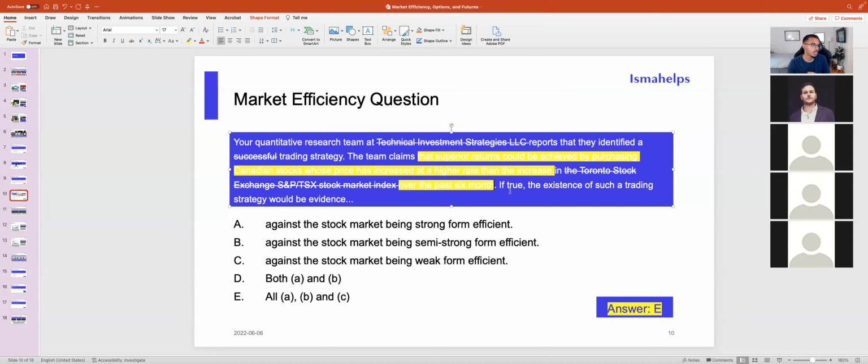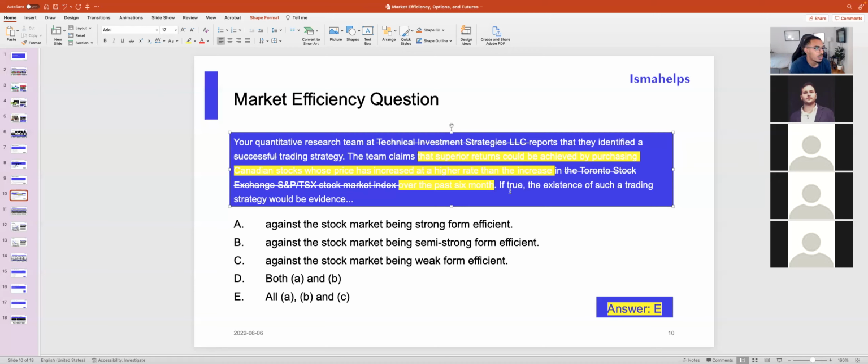What matters is the part where they say the team claims that superior returns could be achieved by purchasing Canadian stocks that have increased at a higher rate over the past 6 months. That tells me everything I need to answer the question. The name of the company, the name of the department within that company, the index they're comparing it to, I don't care. I just want to know what the strategy is. And with that, I'm able to make sense of what I need to do.